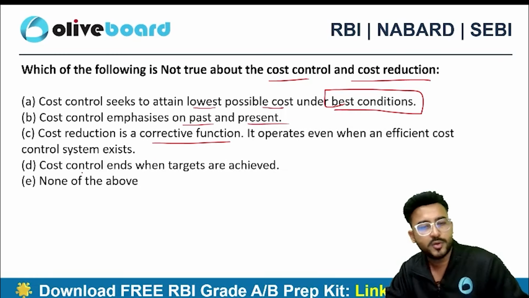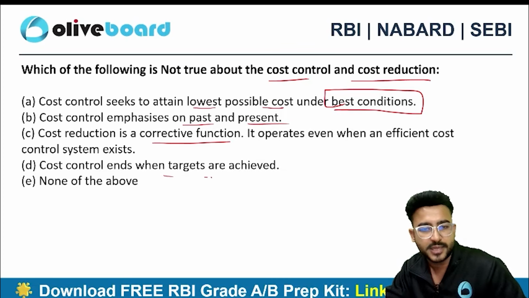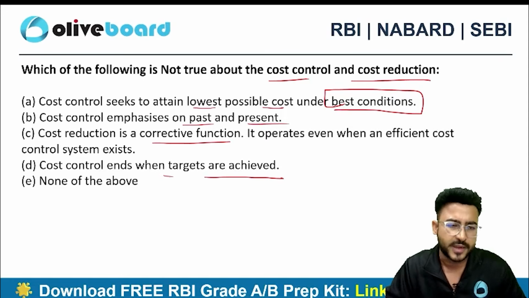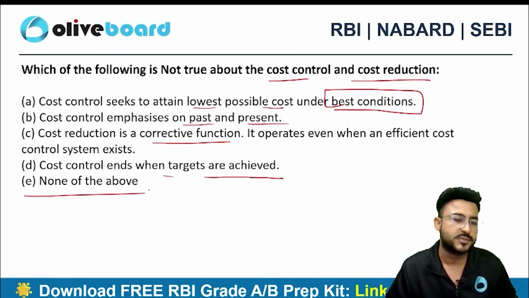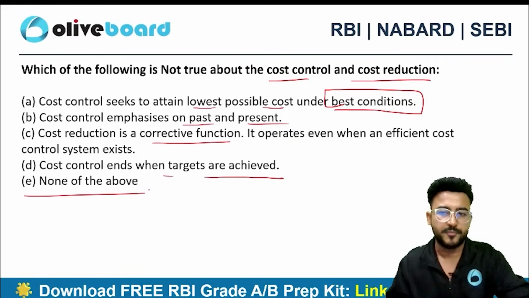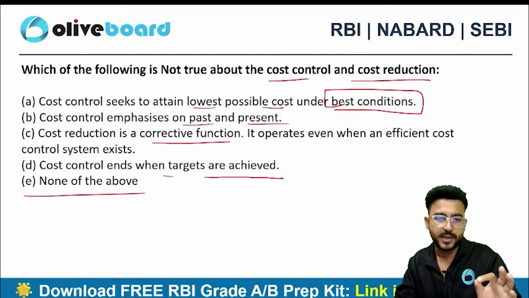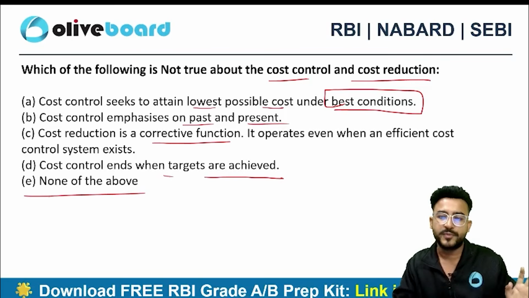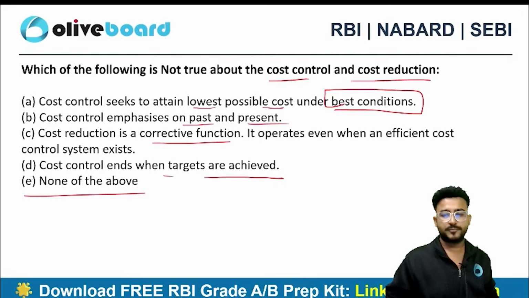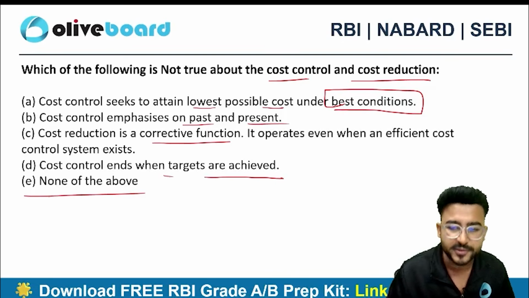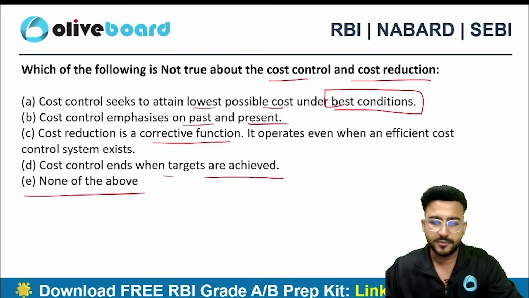It operates even when an efficient cost system exists. Option D, cost control ends when the targets are achieved, that we have seen in the previous question. Option E, none of the above. You have to identify the statement which is not true, which is incorrect here, right?